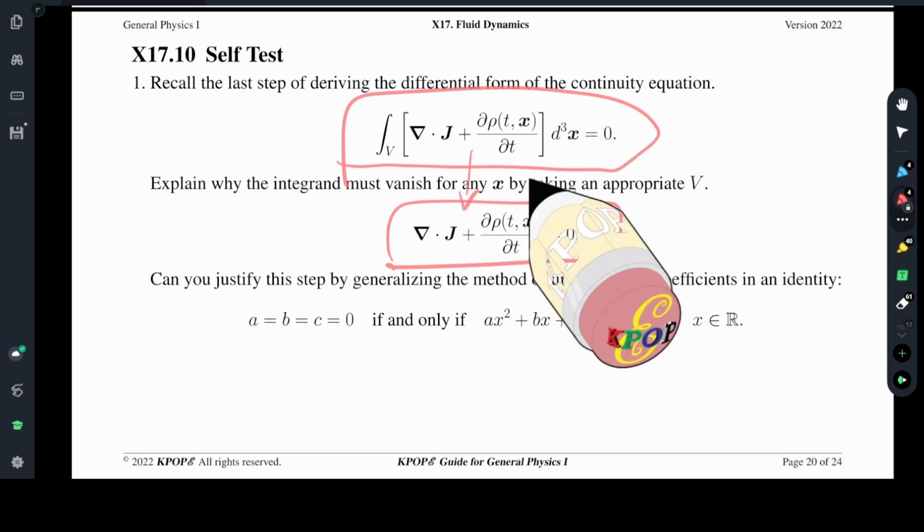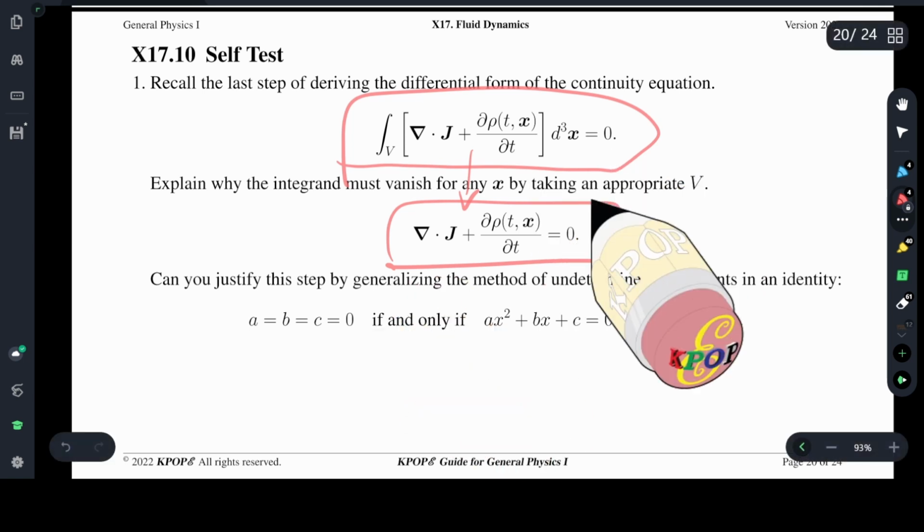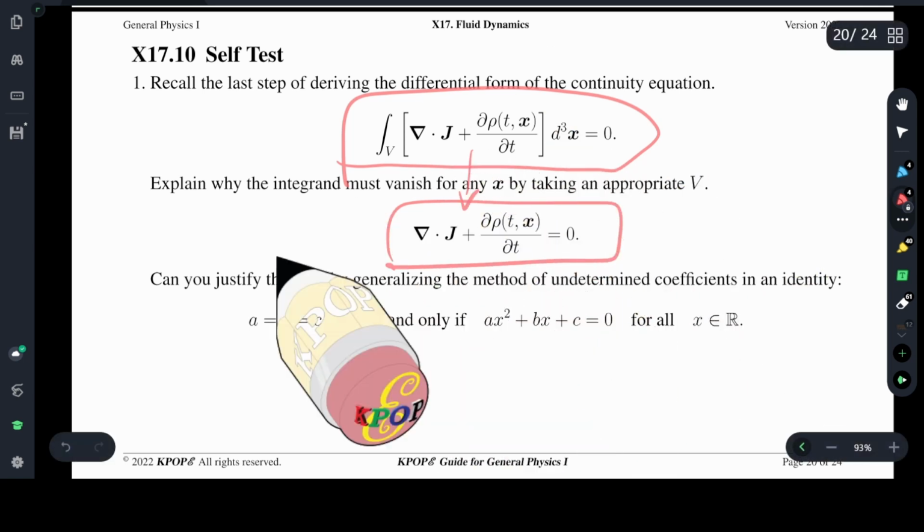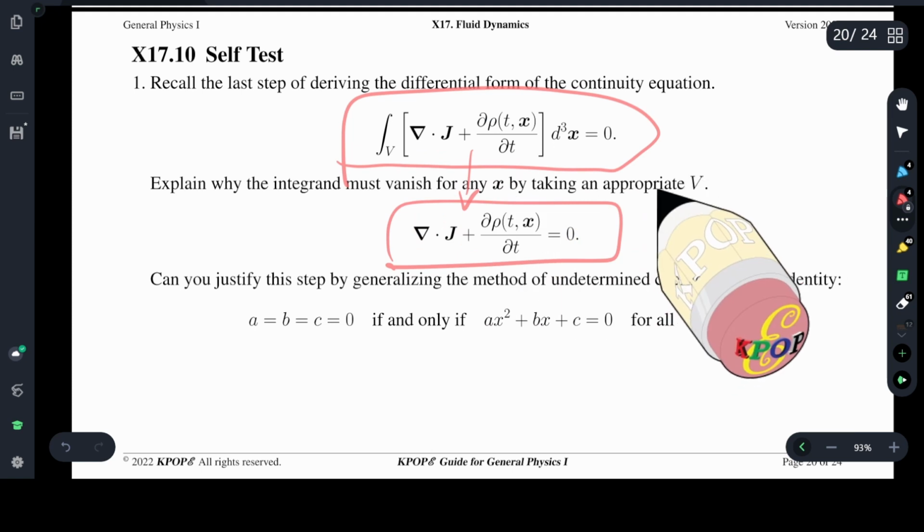This method is used in various ways, and when we derive the four Maxwell's equations by making use of Gauss law coming from the divergence theorem and the Stokes theorem for the Faraday's law, you will find that it's quite useful. This way of derivation is quite useful.